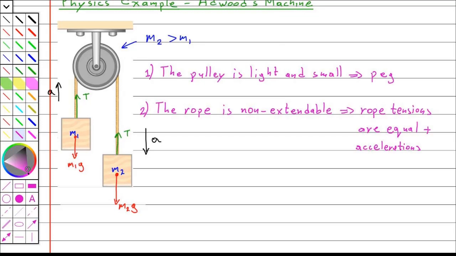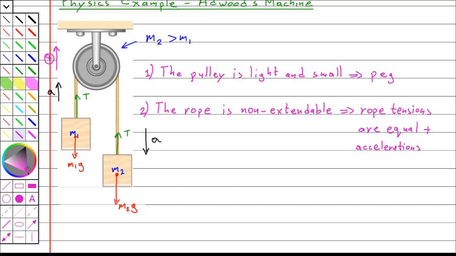Also, we need to take a direction reference for our vectors. We choose that upwards will be the positive direction for all vectors, not only the forces, but also the accelerations. You can take the reference downwards if you like. As long as we are consistent with our own direction reference, everything will be okay.